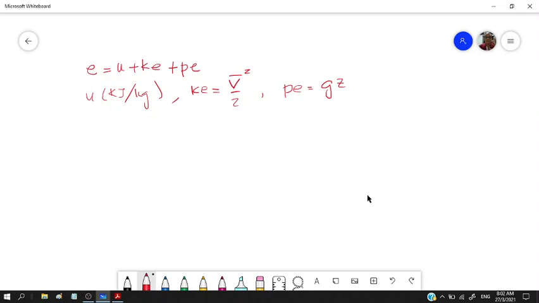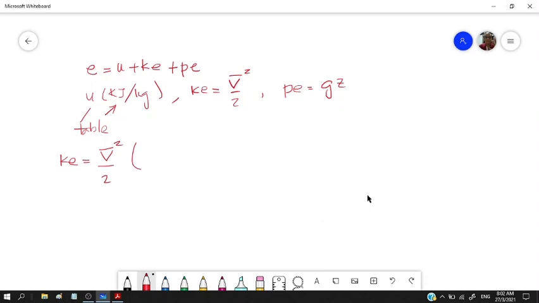Okay, so this U, usually the internal energy, we get from the properties table. As far as water and R134a are concerned, we get this from the table of properties, whether we are using water or R134a. So the unit is always given as kilojoule over kilogram. But as for the KE, we get it from the calculation of velocity squared divided by 2, kinetic energy.